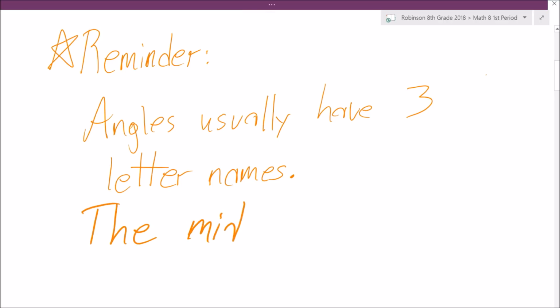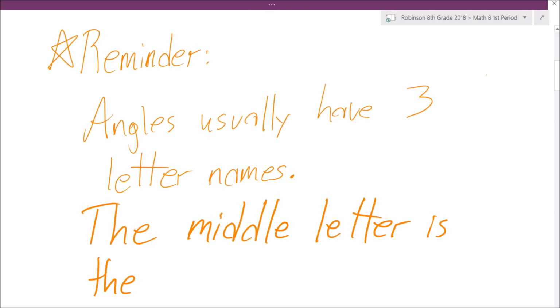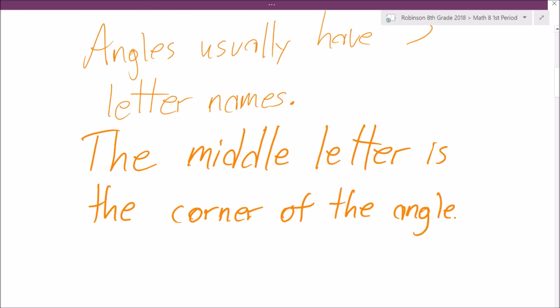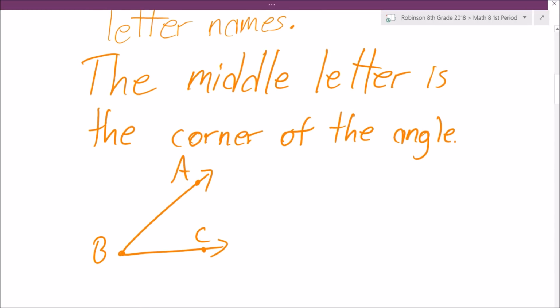The middle letter is the corner of the angle. For example, if we have this angle and it goes through points A, B, and C, this is how we would write its name.